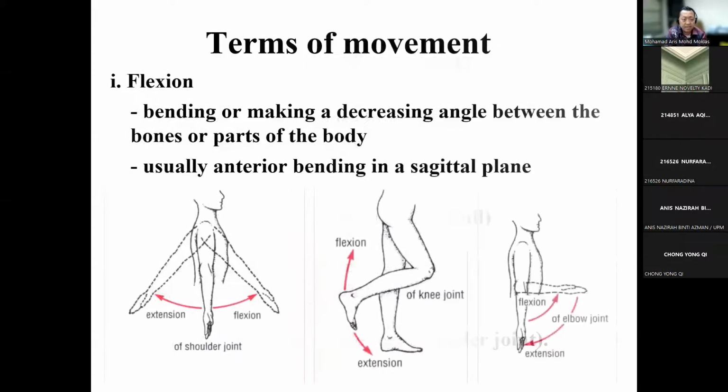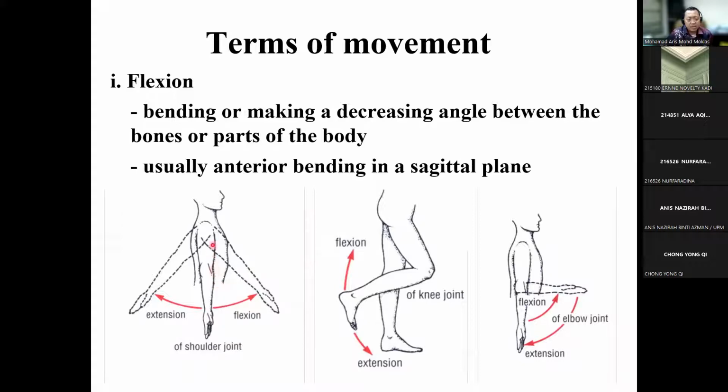All right, so for the types of movement, first we have flexion. Flexion is a bending or making a decreasing angle between the bones or parts of the body. Usually anterior bending in the sagittal plane.